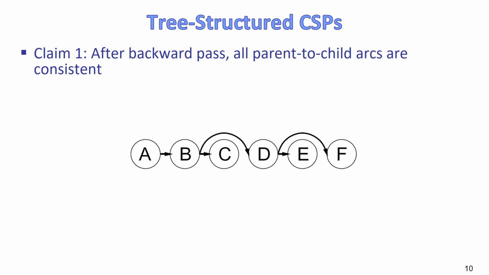Let's look at this arc. After I'm done with this arc, I might remove some values from D, right? Now I'm done with this arc, so this arc is consistent.